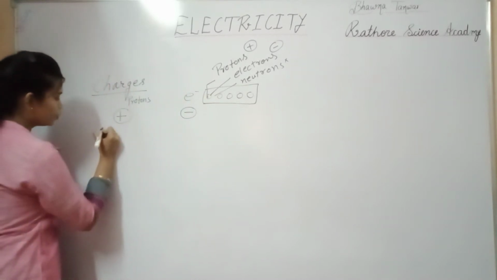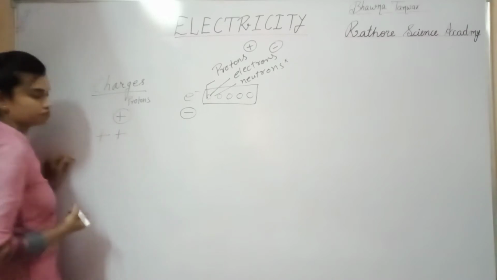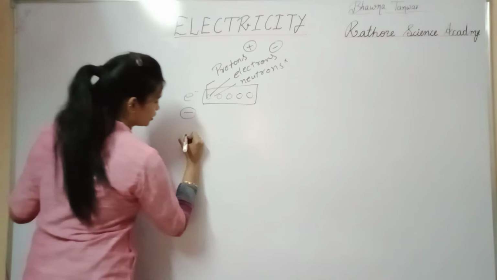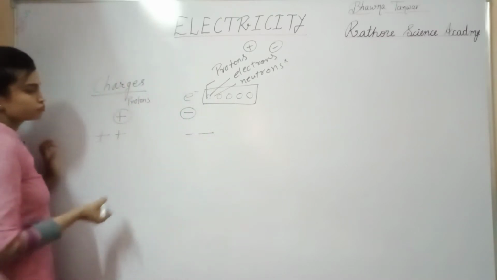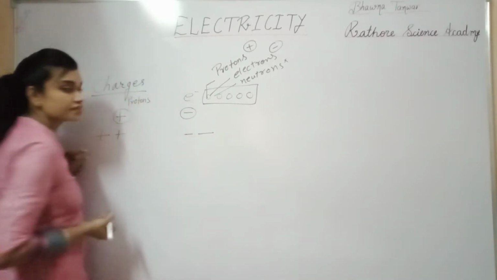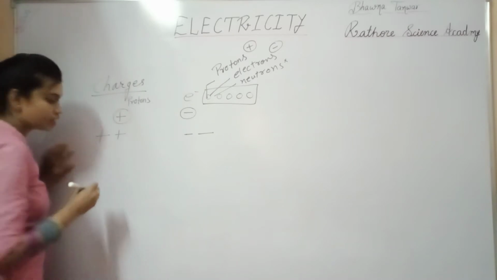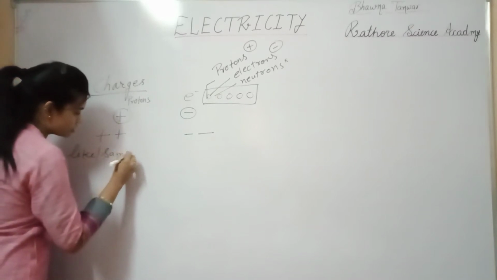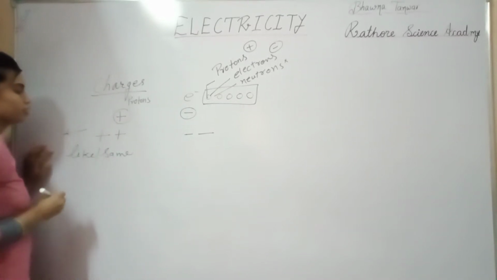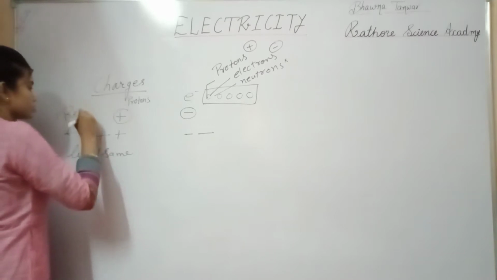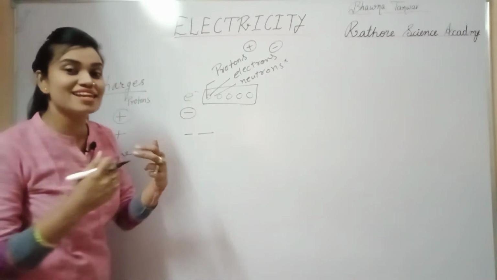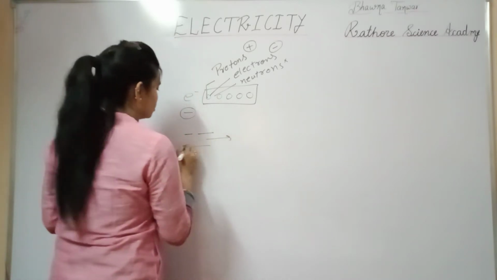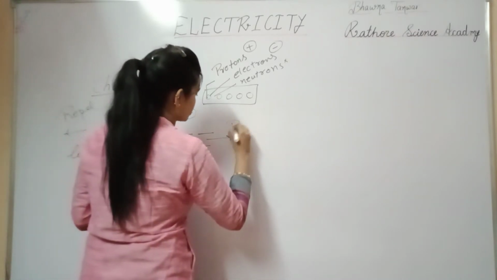When two positive charges are there, or two negative charges are there, these are the same charges, like charges. Same charges always repel each other.